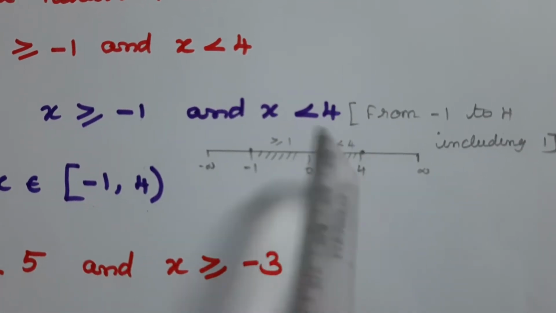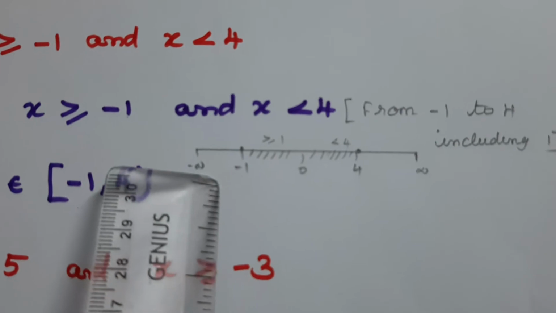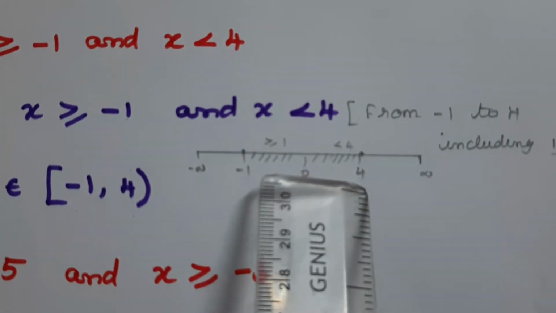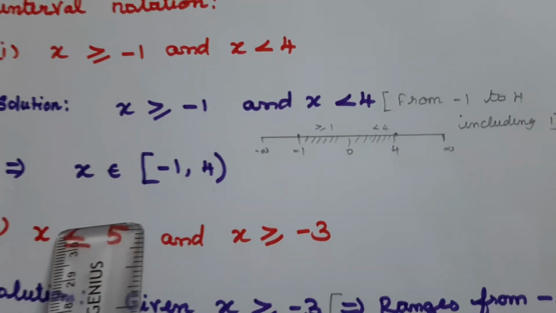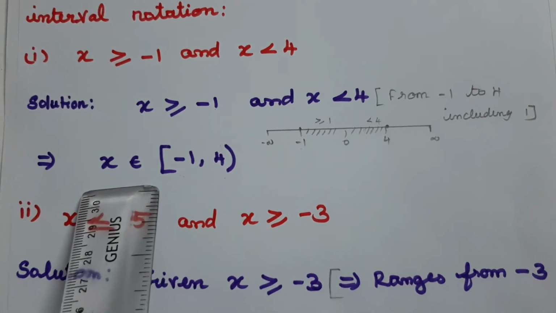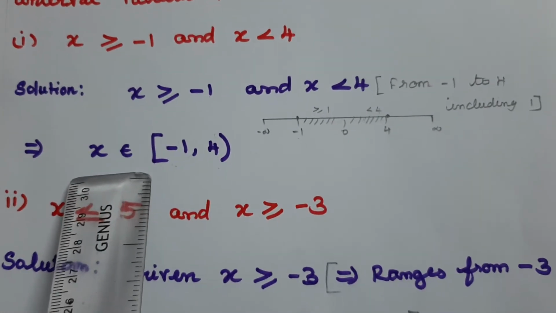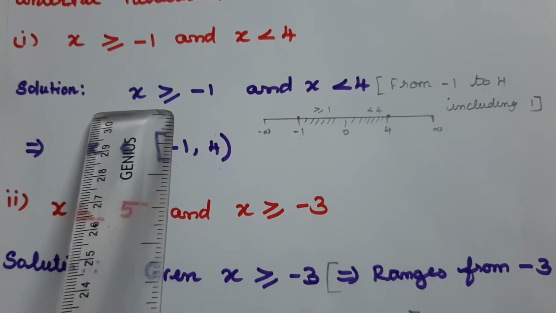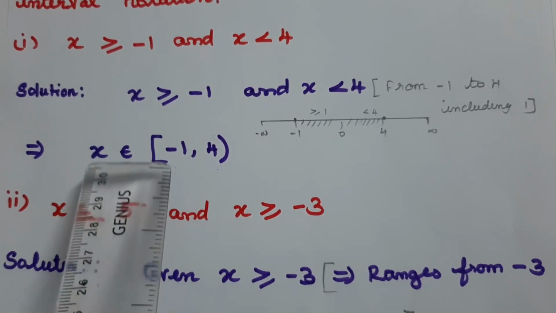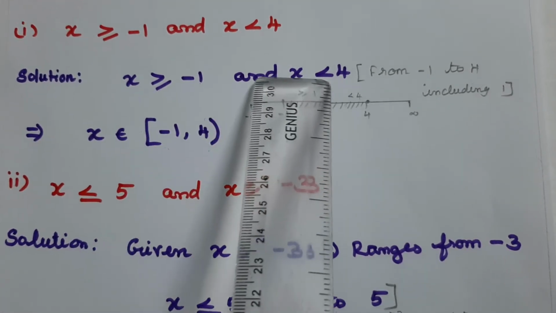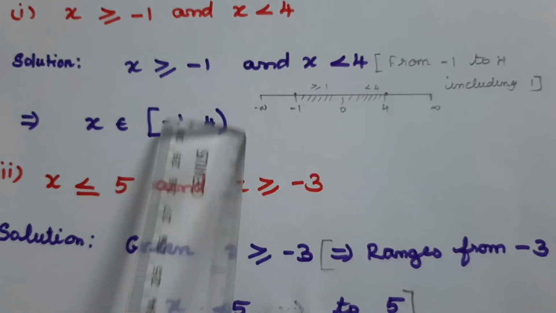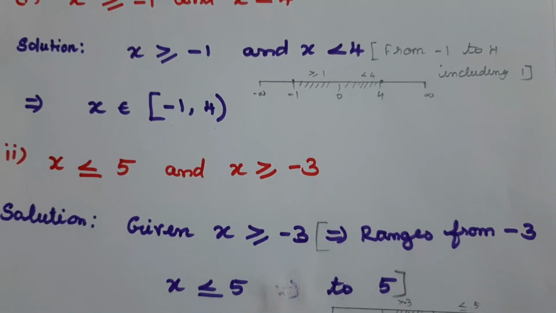So, here your interval is nothing but -1 to 4. Clear? Therefore, your interval notation can be mentioned in the form x belongs to, equal to sign is given for -1. So, with the closed bracket -1 comma 4. Here equal to sign is not there, with the open bracket we will have 4.